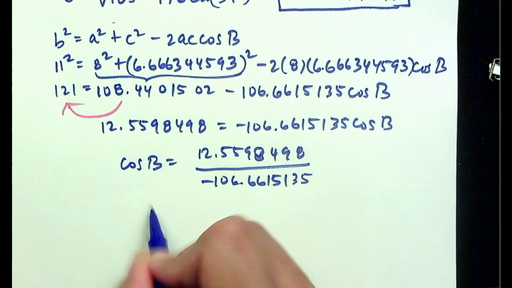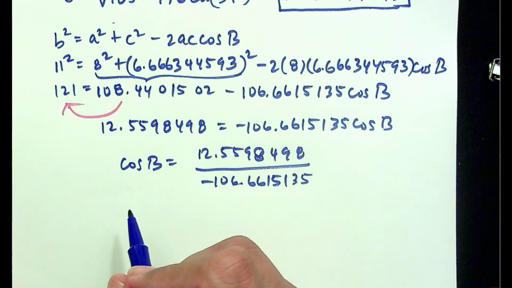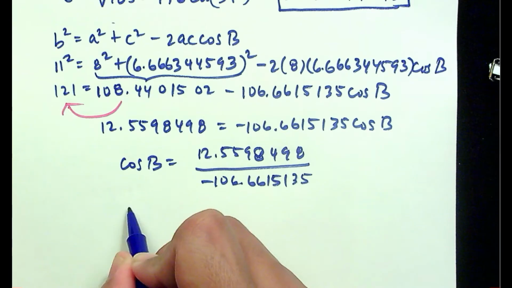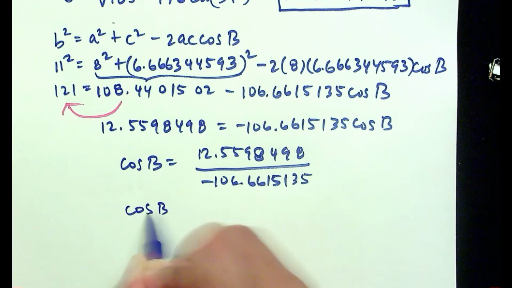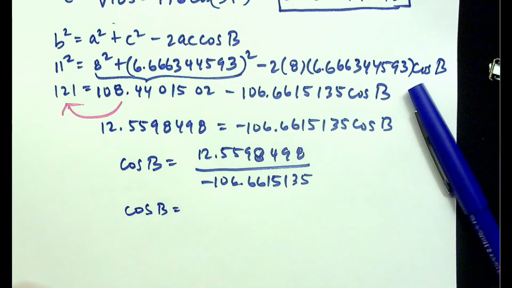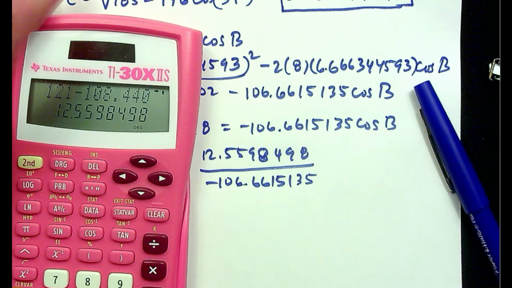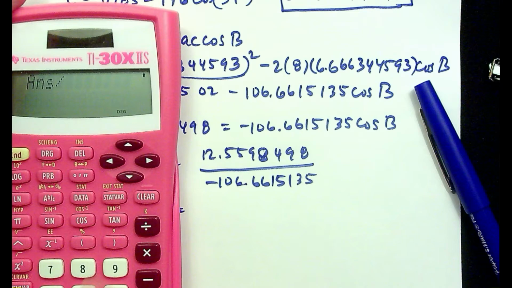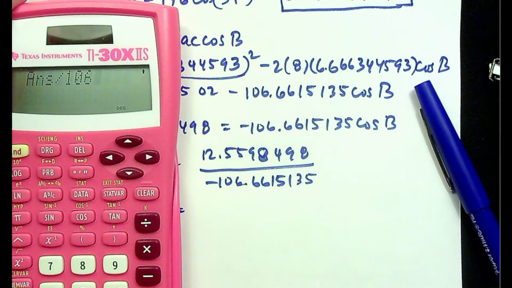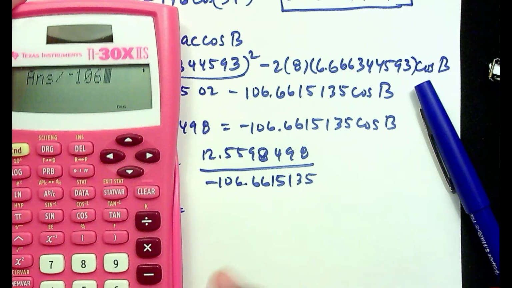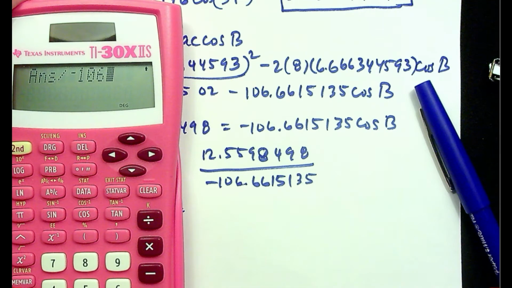Okay, almost there. Now let's divide. I already have the numerator right there, and I have to divide by negative 106.6615135.